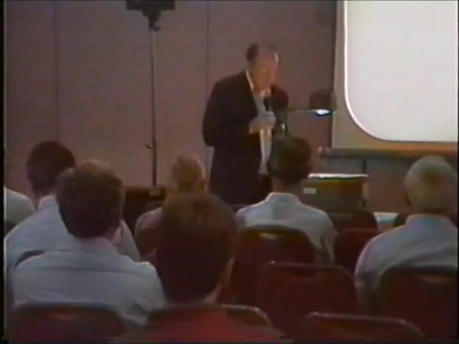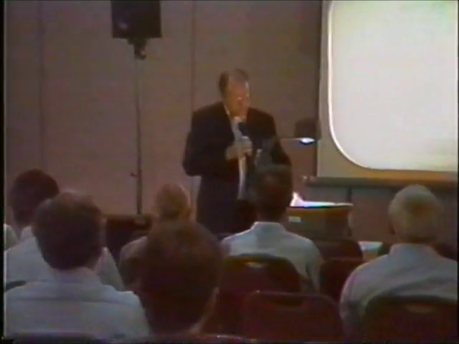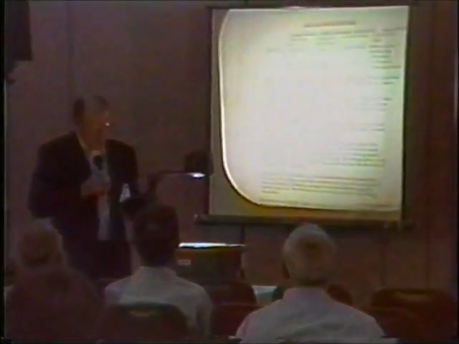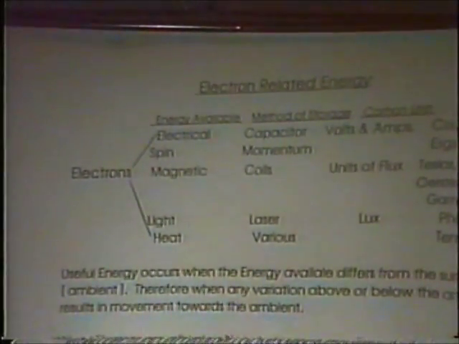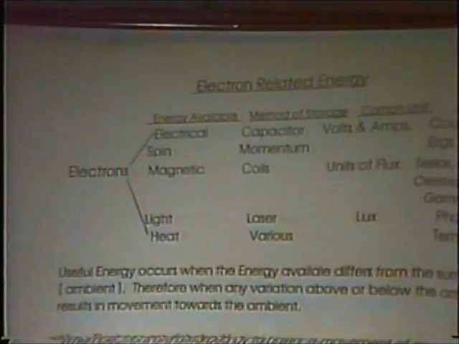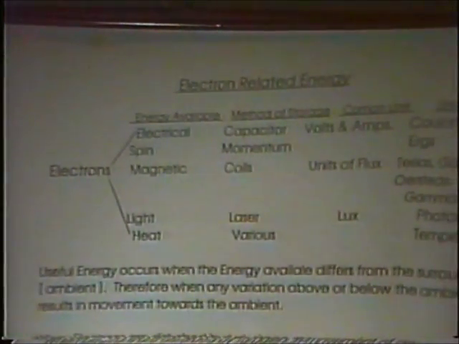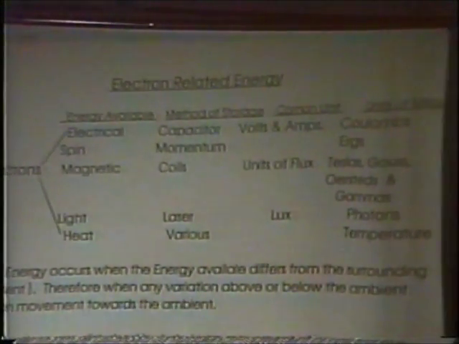Okay, electrons provide us with a lot of different kinds of energy. We see that we have a source of electricity, we have a source of magnetic energy, we also have spin. When the electron spins, it gives off energy. It also gives off light.